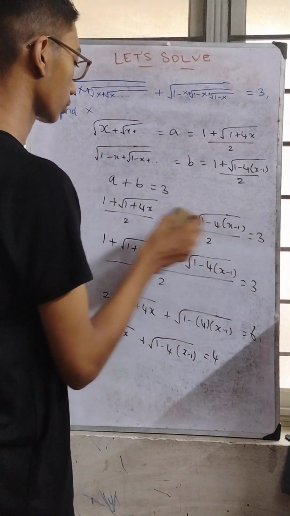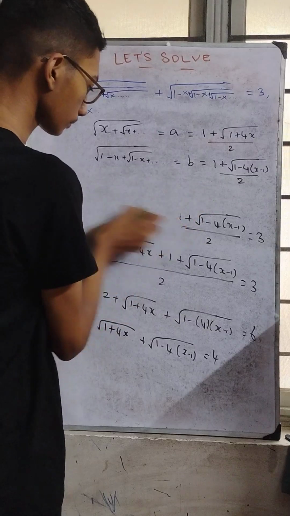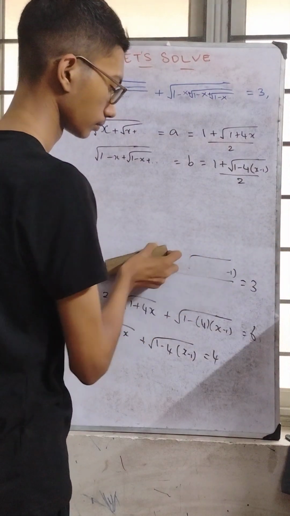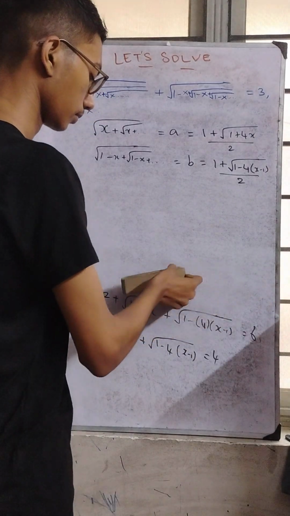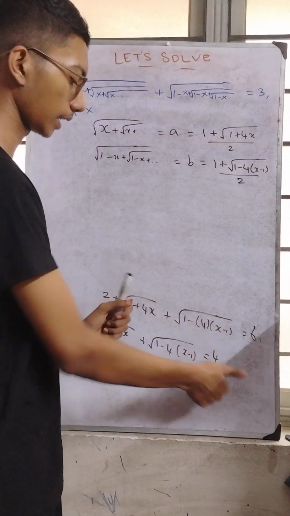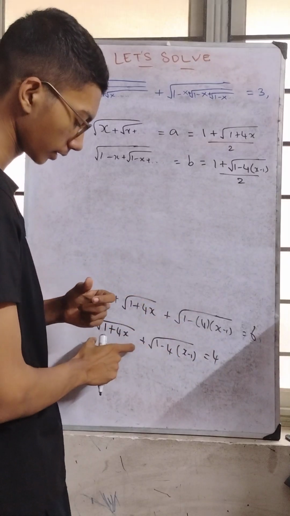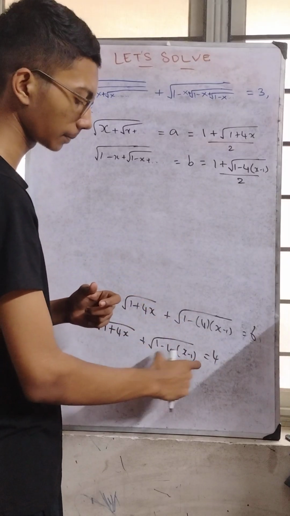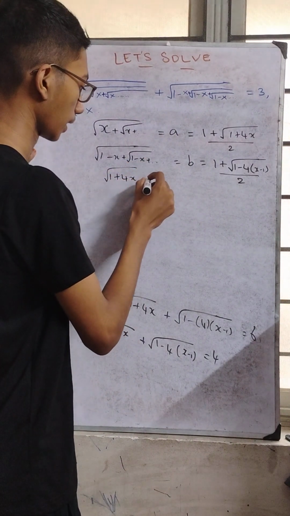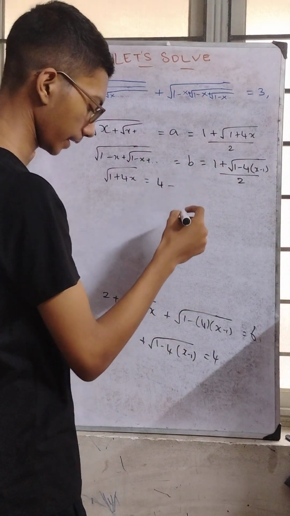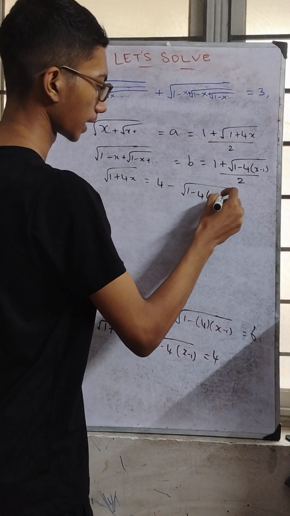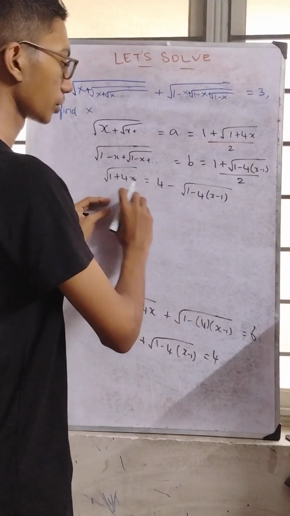So how do we do that is, take one of the square roots to the other side. So I will keep this square root here and keep this square root on the other side. So root 1 plus 4x equals 4 minus root 1 minus 4 of x minus 1. So this is what we have.